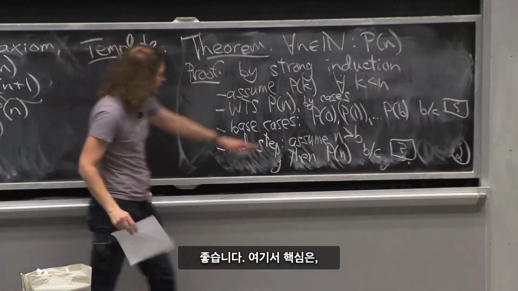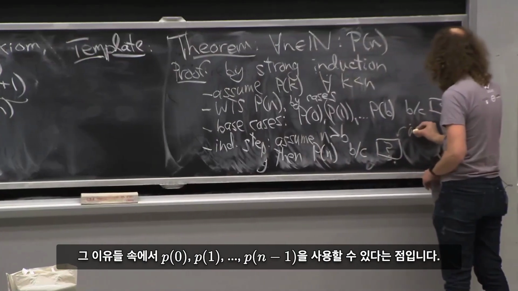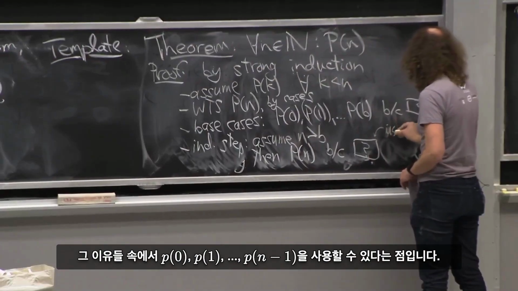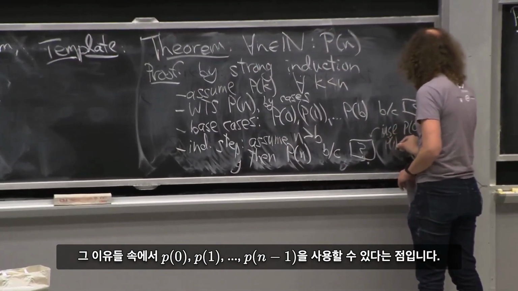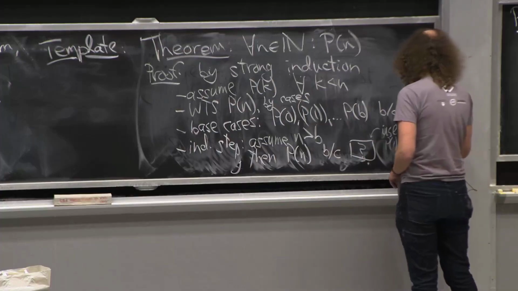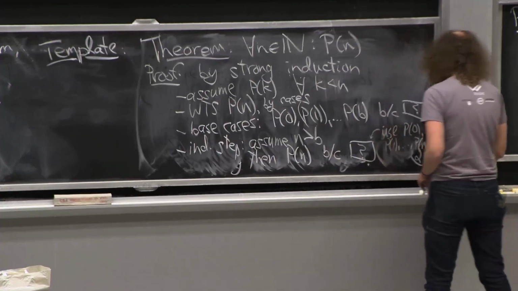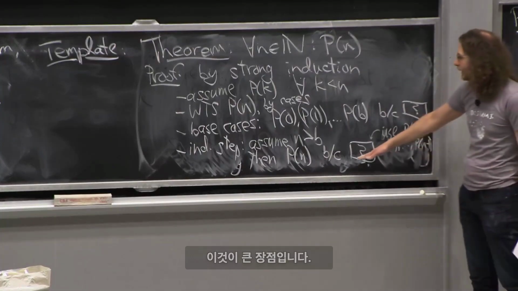But the big thing here is we get to assume in these reasons, we get to use P0, P1, up to P of n minus 1. So that's the big win.